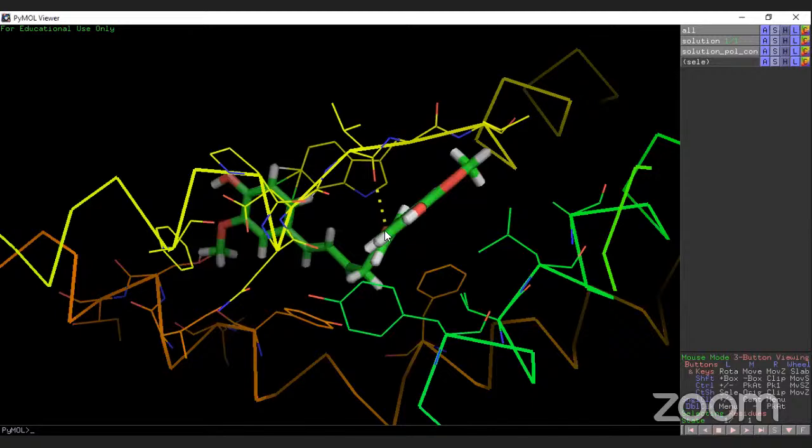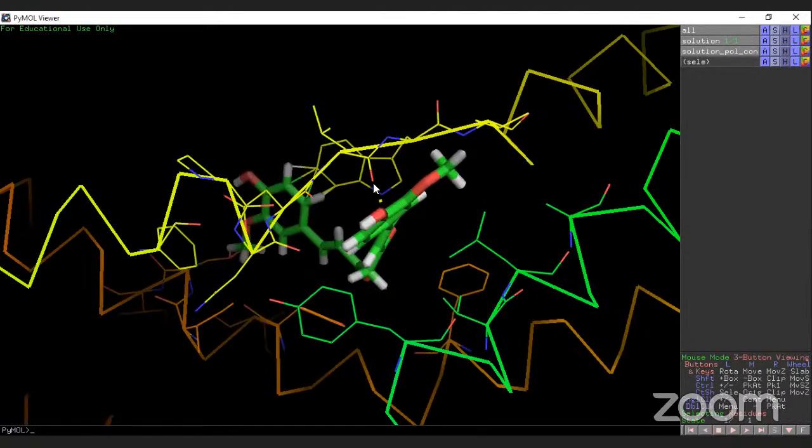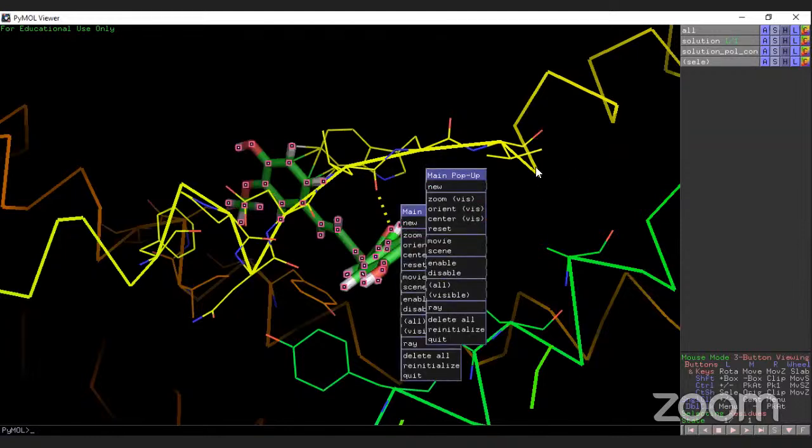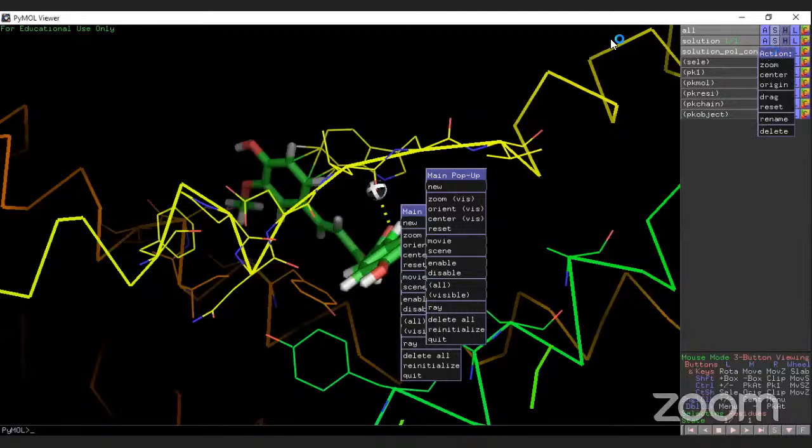You can even find out which amino acid this is. The software runs and the system hangs very badly.